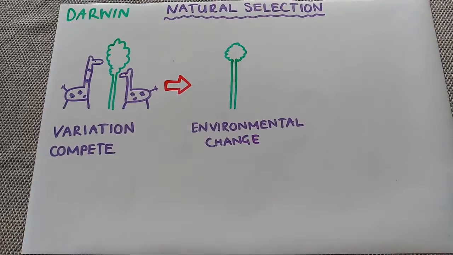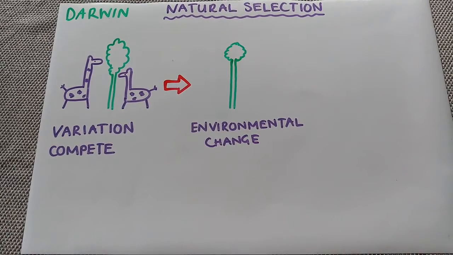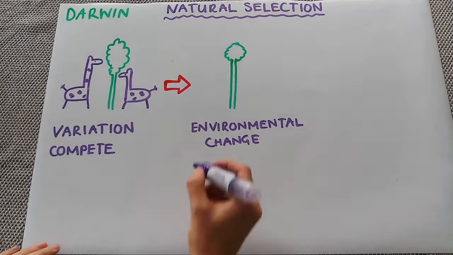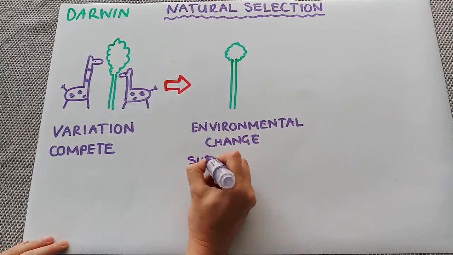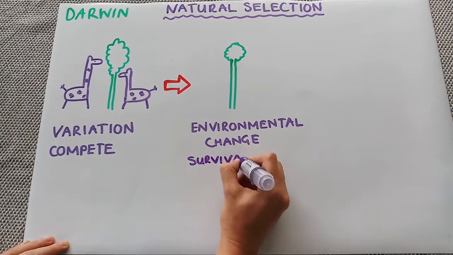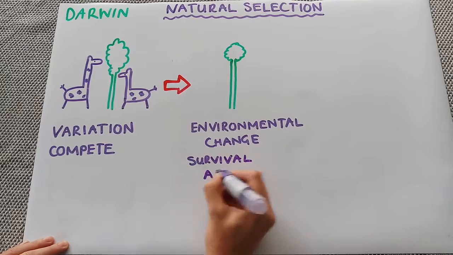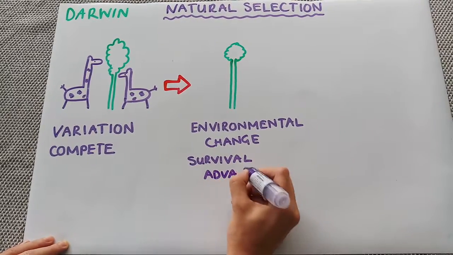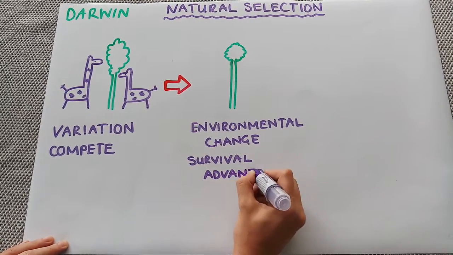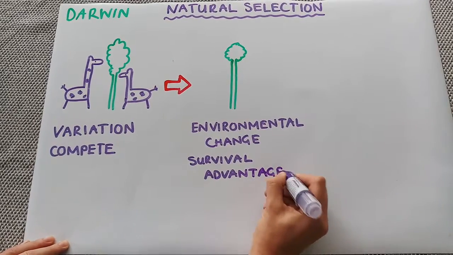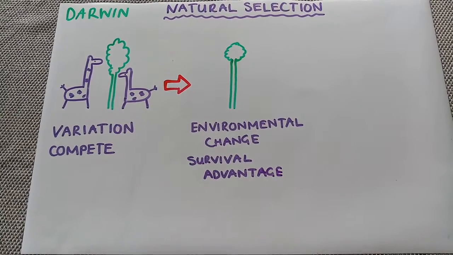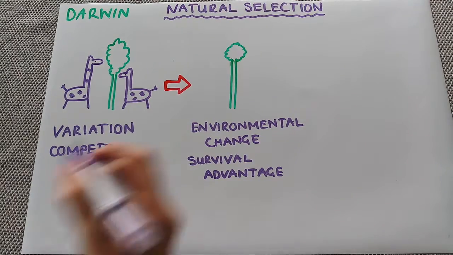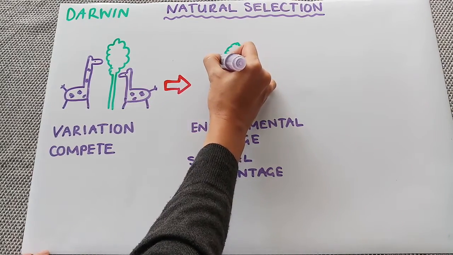And an environmental change will mean that some of these different variants will have a survival advantage over others. So they will have some sort of characteristic or trait which means that they are more likely to survive compared to other organisms.